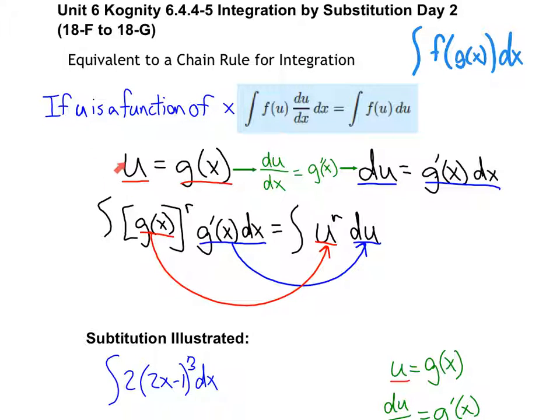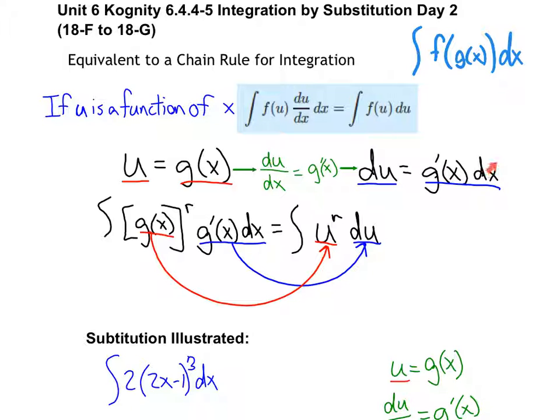The derivative of u with respect to x is du dx. That's the same as g prime of x. Okay? So now if I took this equation right here, and I solved it for du, I multiplied by dx on both sides, then du is g prime of x dx.